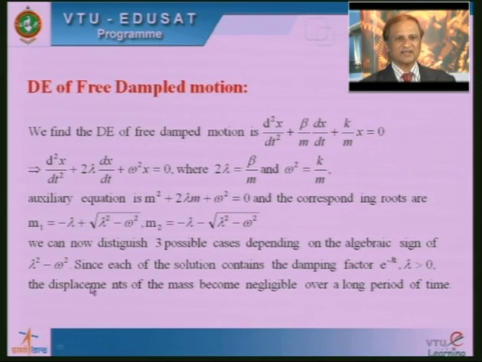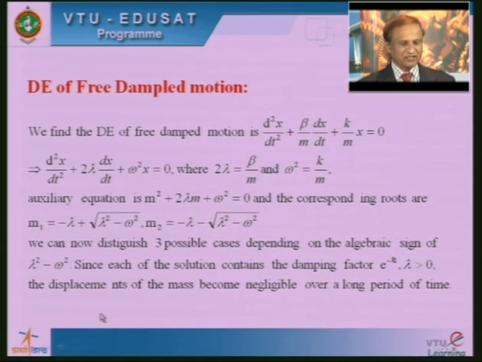Now, since each solution contains a damping factor, e to the power minus lambda t is a very important factor in the solution. We call it a damping factor when lambda is greater than 0.